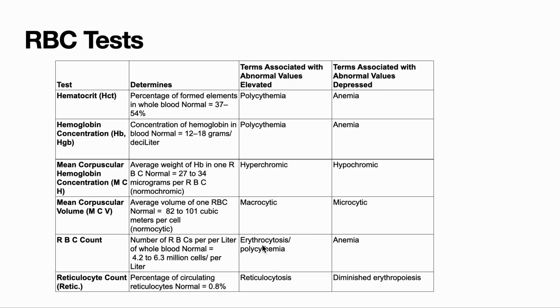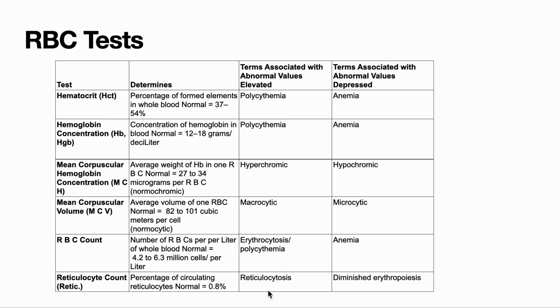That would indicate erythrocytosis, high levels of RBCs, or polycythemia. Again, it's not telling us the why, it's just how we describe it. And then if our red blood cells are low, we would call that anemia. We might not know why we have anemia, but we know that we have it because our red blood cell count is depressed. We could also look at the number of immature red blood cells, or reticulocytes.